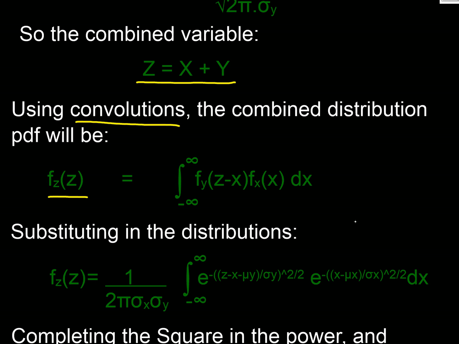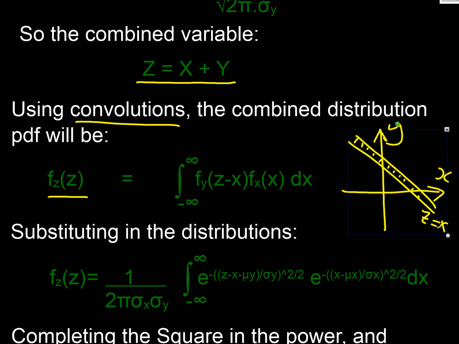Here's my y going up, here's my x going along, and at the boundary line, x plus y equals z, where z is the value that we're interested in, because this is the boundary of our probability distribution. If that's true, then for any x value, my y value has got to be z minus x.